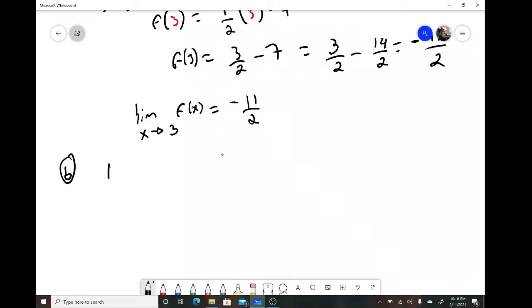So we have the limit as x goes to 2 of g of x, where g of x equals 6.